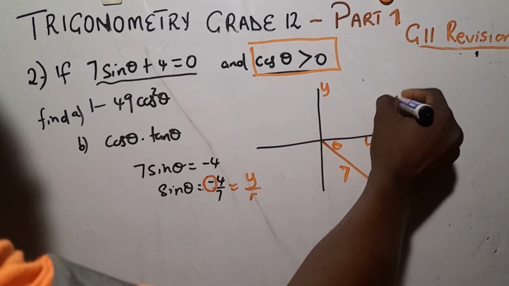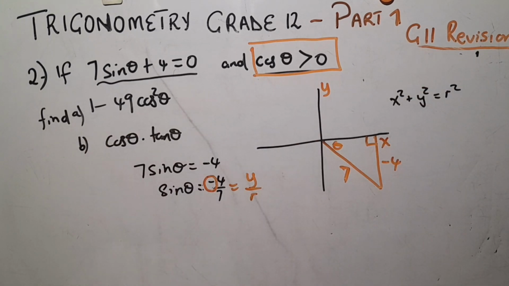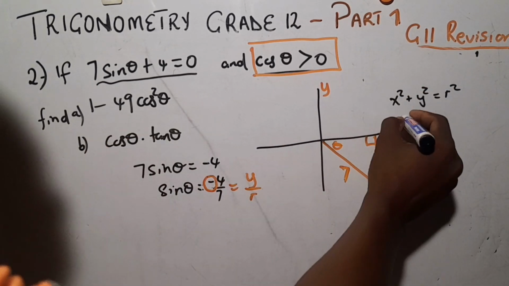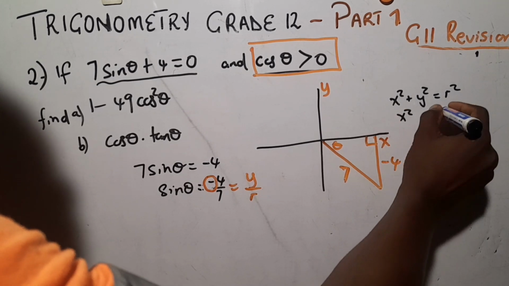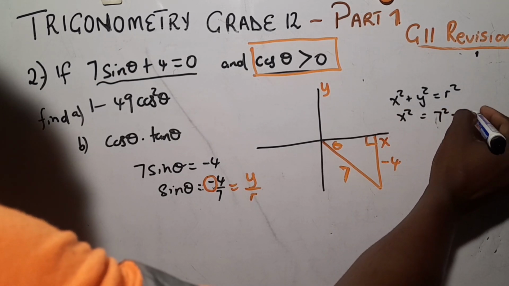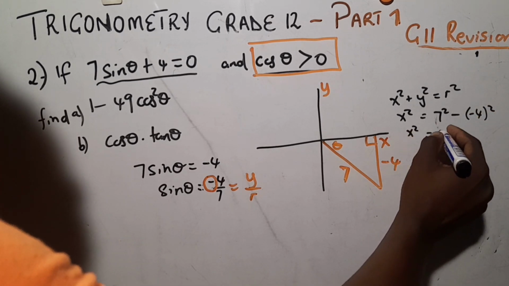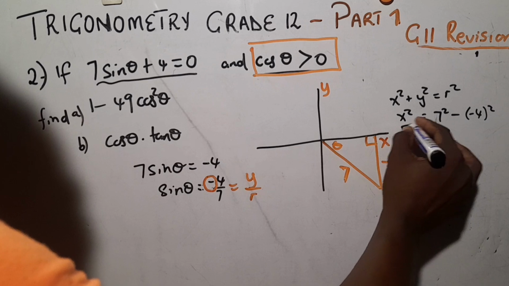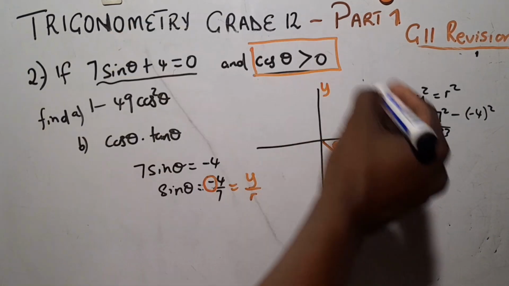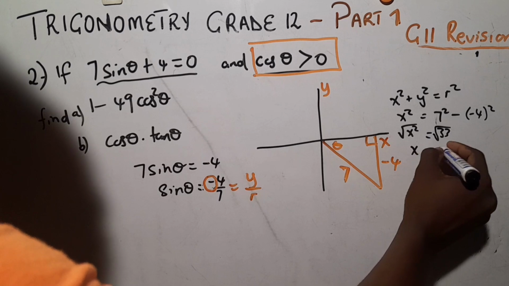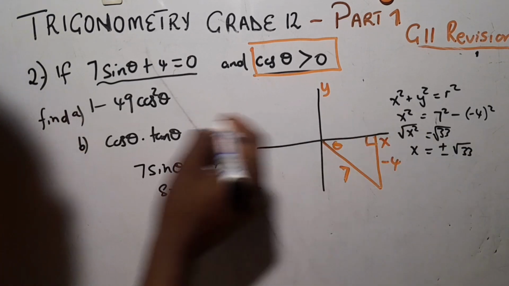We know that x squared plus y squared is equal to r squared. Still using Pythagoras, right? So our x squared becomes 7 squared minus (-4) squared. Our x squared becomes 33, so x is plus or minus root of 33.